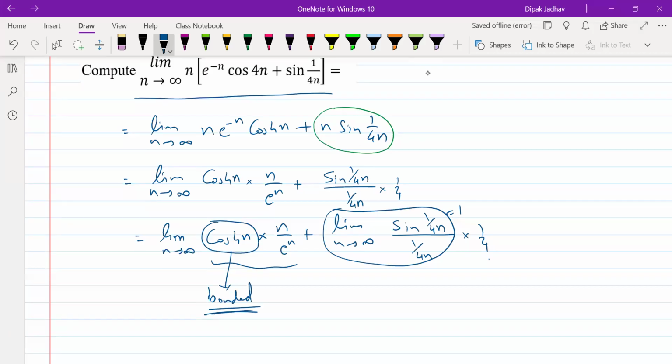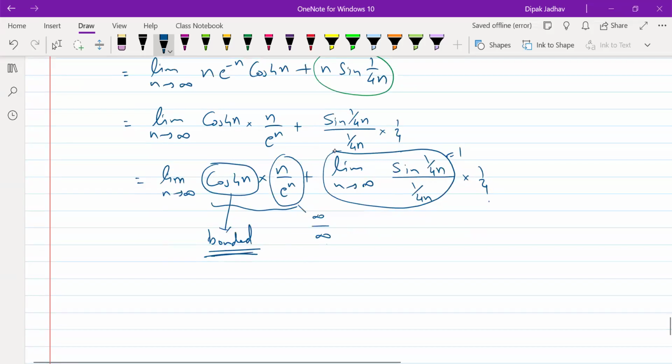Then you apply the limit. As you have correctly guessed, this is infinity by infinity form, so we can apply L'Hopital's rule: derivative of numerator upon derivative of denominator. So that will go to 0. So I hope the final answer is 1 by 4. All of you got this? Yes, sir. Okay, good.